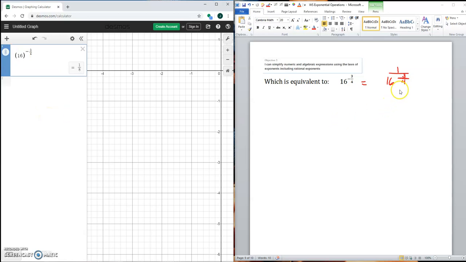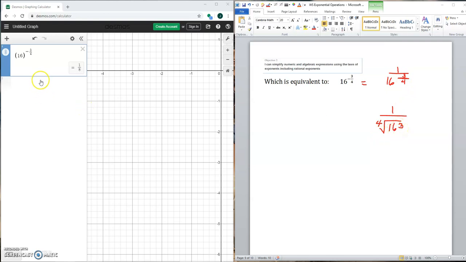Now we have another way to show it, which is this: since your exponent is negative, for it to turn to positive, you are going to put this in the denominator, showing this. And then, okay, with the radical, this is how it looks like. 1 over 4th root, so the denominator is the root, 4th root of 16 to the power of 3.